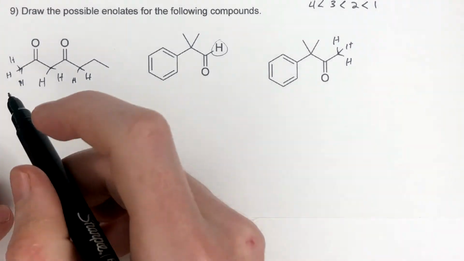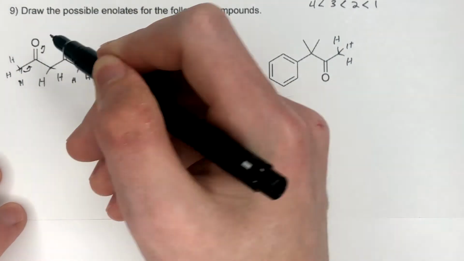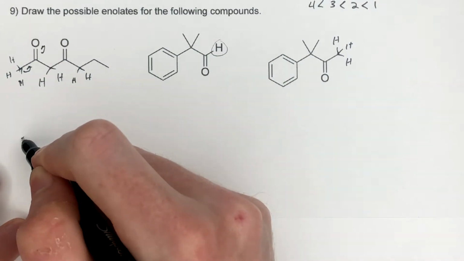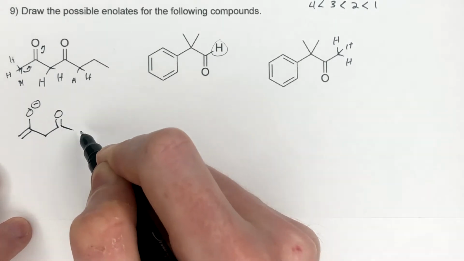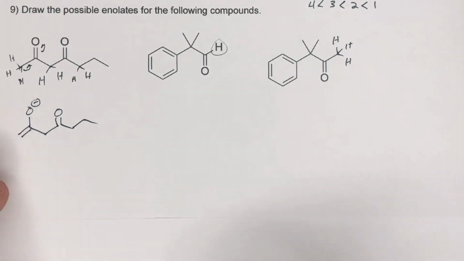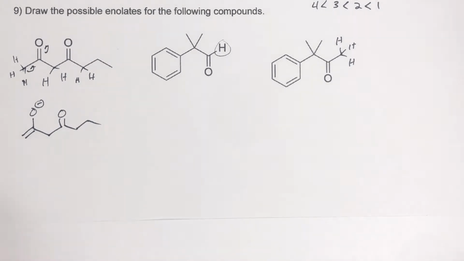Right. So if we remove these, any one of these, let's just start with this one, you're going to get this particular enolate. Right, so that's 1. You could remove the other 2 hydrogens at that spot, but it will give you the exact same enolate.